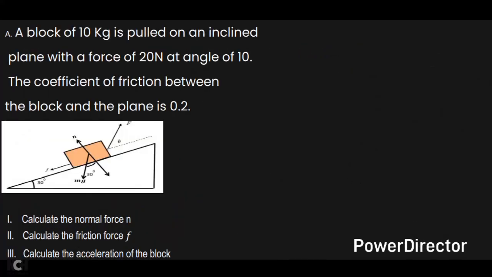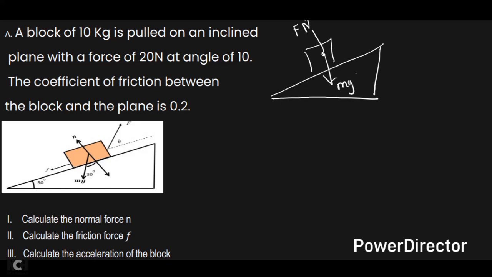So how do we answer this one? The first thing is to do the same thing. The free body diagram is simple. This is the normal force, and this is mg cos θ. Then on this side, they are applying the force at an angle, meaning we have F sin θ here and F cos θ there.